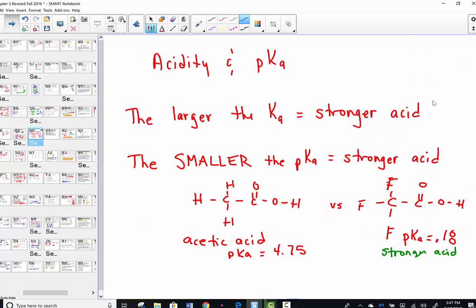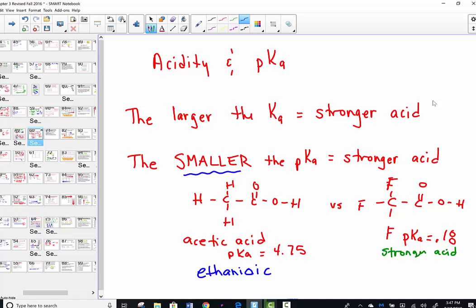Remember that acidity and pKa values: the larger the Ka is the stronger acid, but by the time you take the negative log, you want the smaller pKa to be the stronger acid. When you look, for example, at acetic acid, it's called ethanoic acid in organic chemistry.